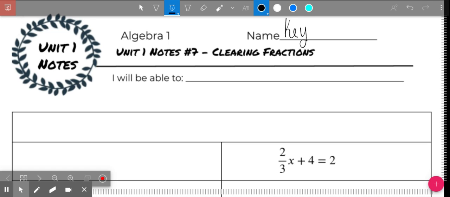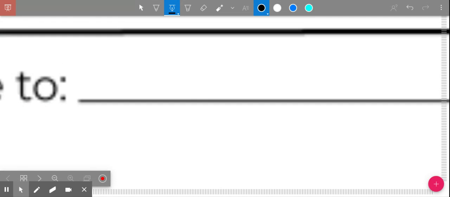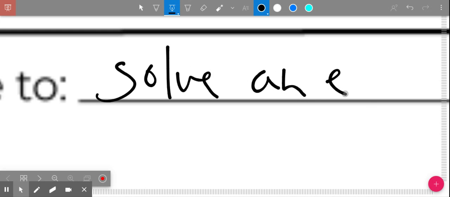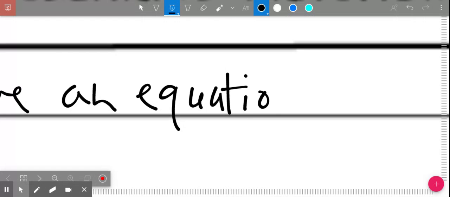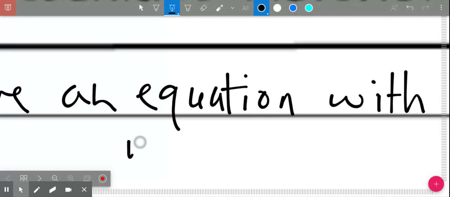Alrighty, so today we're going to be looking at Unit 1, Notes number 7, and we're going to be clearing fractions. Okay, so today our goal is I will be able to solve an equation with multiple fractions.